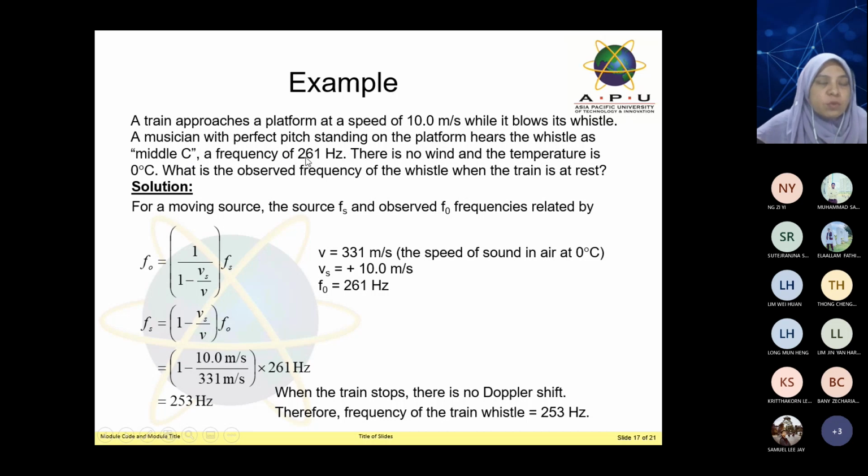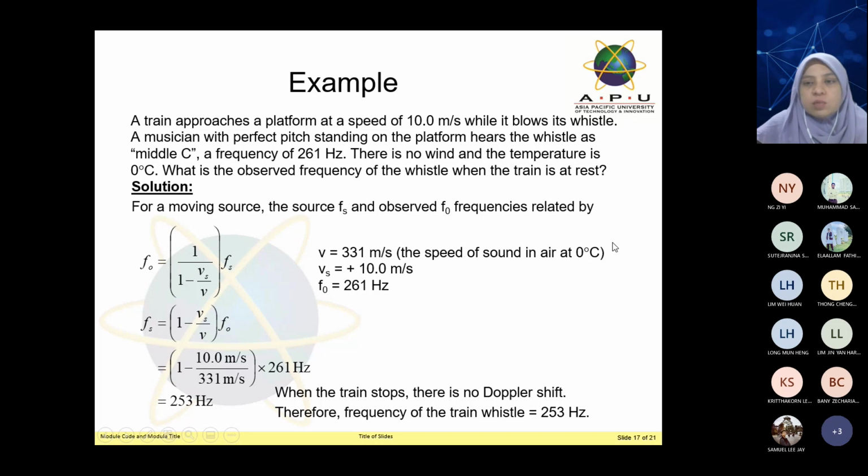A frequency of 261 Hz. There is no wind and the temperature is 0 degrees Celsius. What is the observed frequency of the whistle when the train is at rest? So for a moving source, the source frequency Fs and observed frequency Fo are related, with V equal to 331 meters per second.